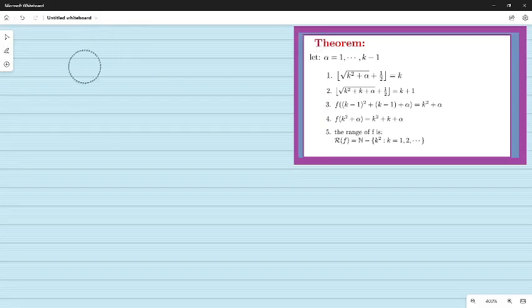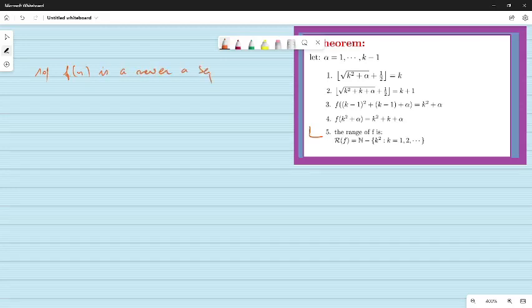Now we pass to assertion 5. We'll first prove that f of n is never a square, based on what we have seen before.